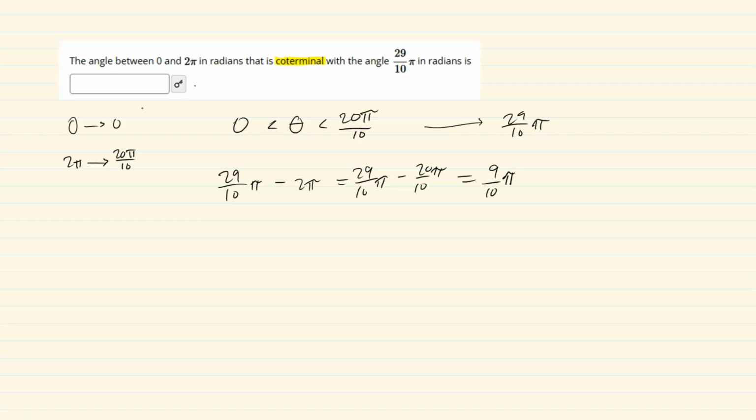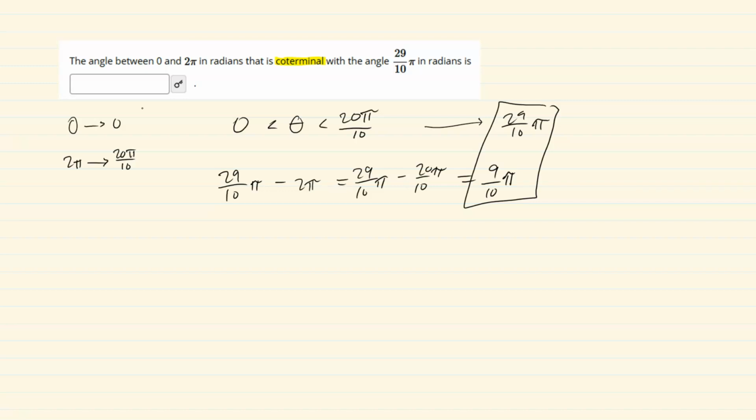Okay, now this should be the same angle. It's a coterminal angle because it is the same exact positioning of the angle within the unit circle. That's comparing these two angles right here. So, are we now in between 0 and 2 pi?